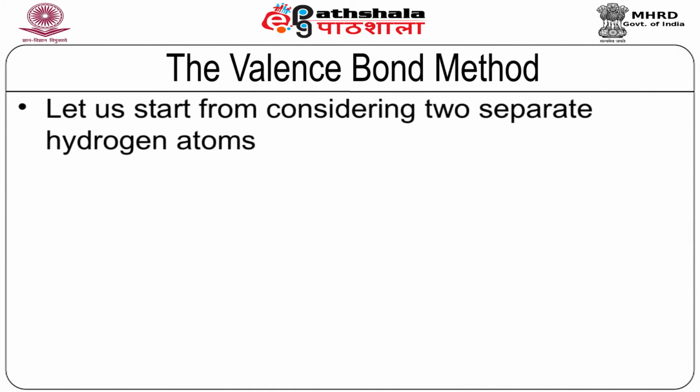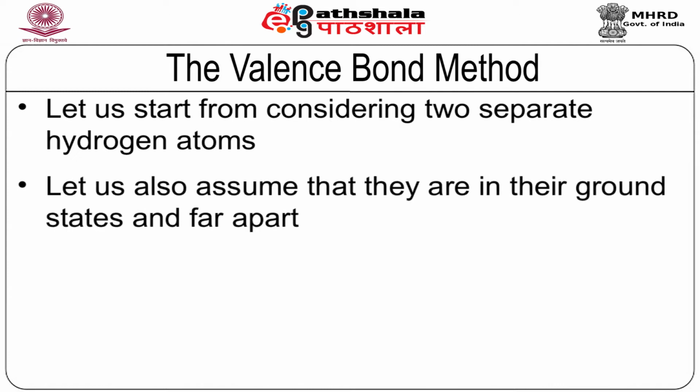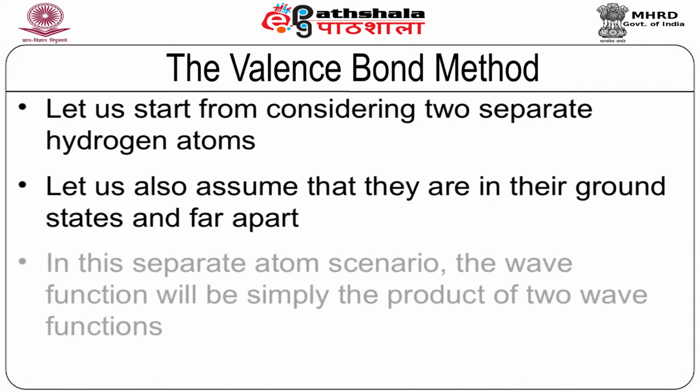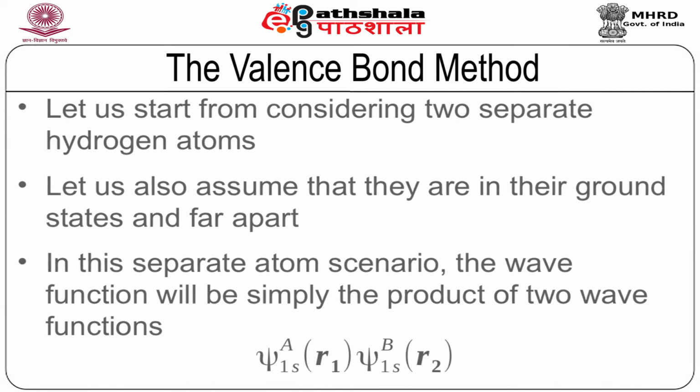Let us start from considering two separate hydrogen atoms. Let us also assume that they are in their ground states and far apart. In this separate atom scenario, the wave function will be simply the product of two wave functions, psi 1s A r1, psi 1s B r2.